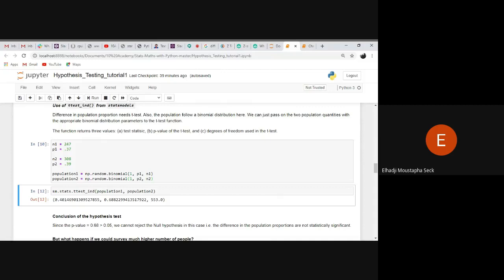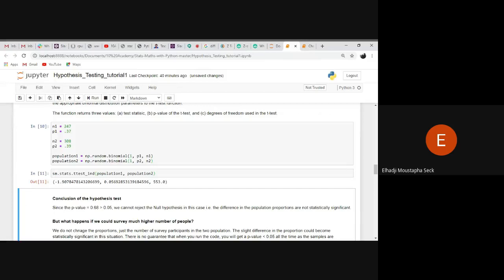So from sm.stats.ttest_ind, I have population 1 and population 2. That's all, and you just have to run this command. Look at this, this is the t-test, this is the p-value. When I run it, I get a p-value of something like 0.0656, which is greater than 0.05.